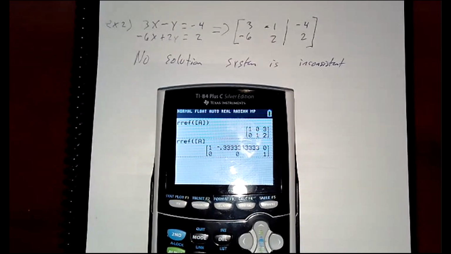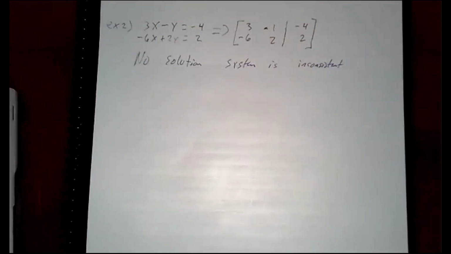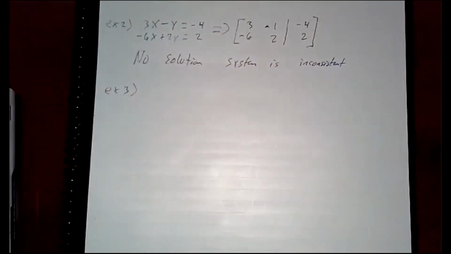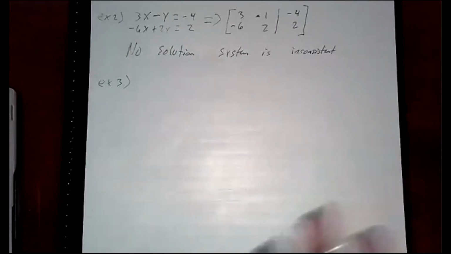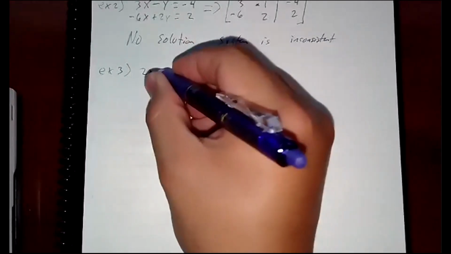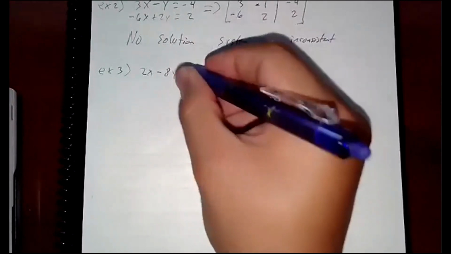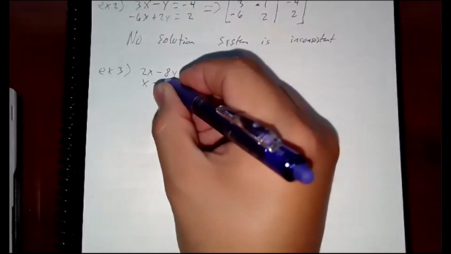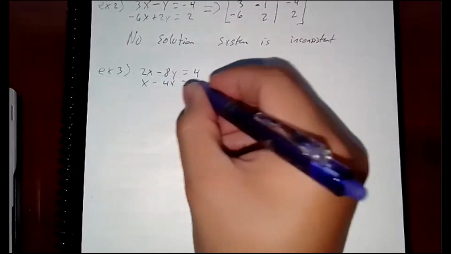Now this one has infinite solutions. This one will be 2x minus 8y is equal to 4, and x minus 4y is equal to 2.